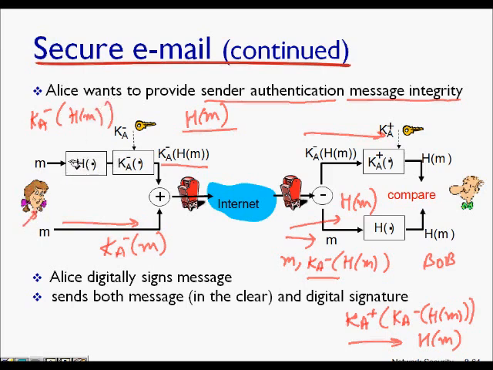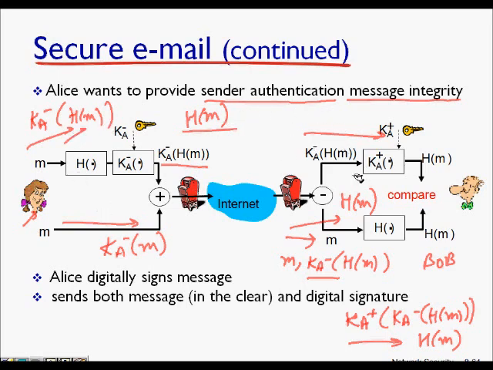So that's why Alice only is sending this message, and he was using the public key of Alice and finds that the hashes are the same. So this provides sender authentication.